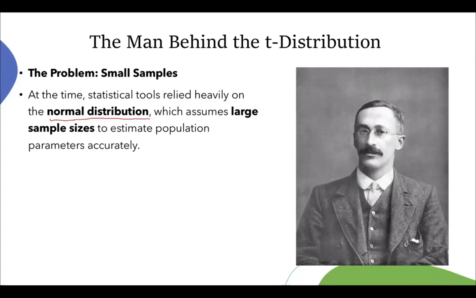We needed to have a large sample in order to assume the sampling distribution was normal. And the statistical approach using the normal CDF and the math behind it was what most statisticians relied on. So there was no ability to do any kind of analysis on data that came from small samples.